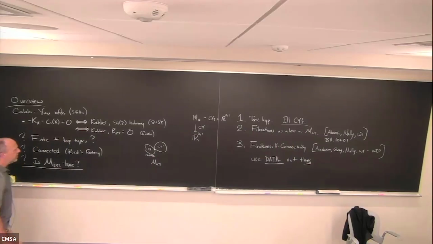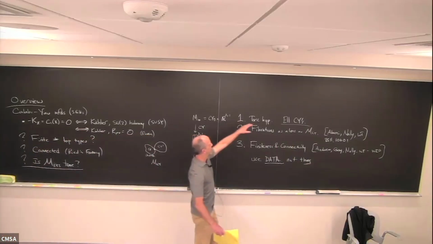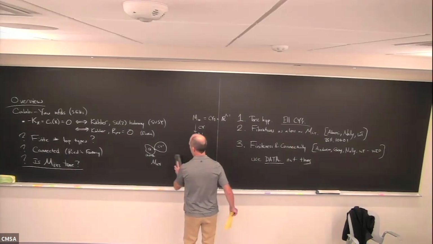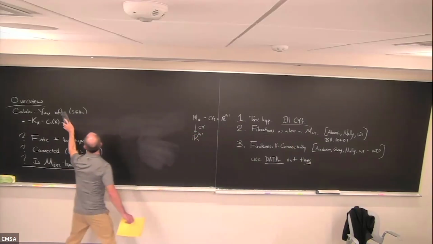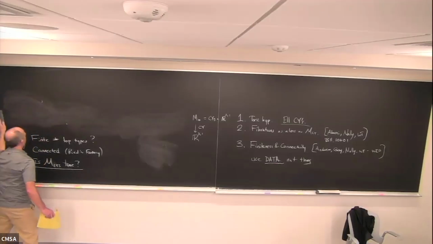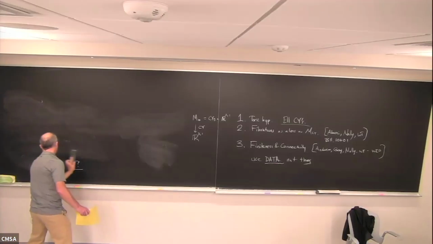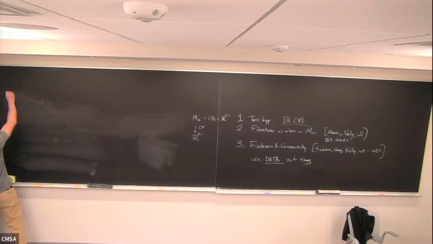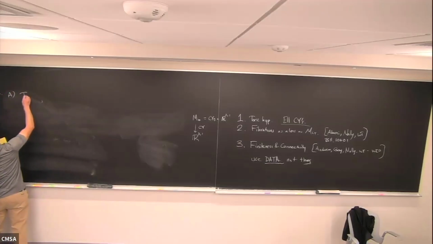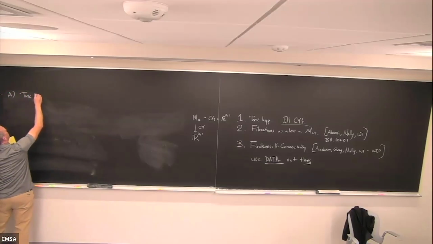Okay, so let's talk briefly about each of these two kinds of Calabi-Yaus, the toric hypersurface Calabi-Yaus and the elliptic Calabi-Yaus. Okay, so 1A, let's just remind everybody what a toric variety is.